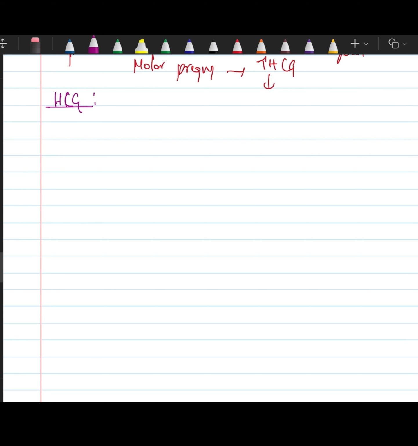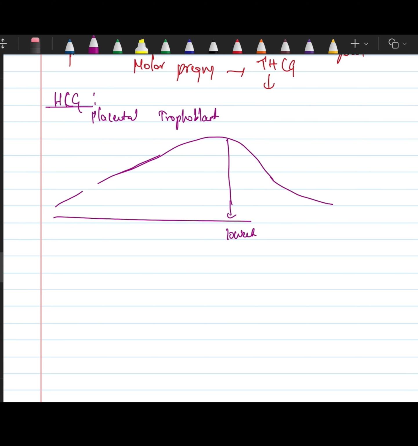See, HCG I have already told you, it is a glycosylated peptide which is secreted by your placental trophoblast. So initially this HCG level increases and reaches the peak by 10 weeks and then it starts declining. This HCG can be detected 7 to 10 days after the LH surge. This is the earliest you can detect beta HCG levels.